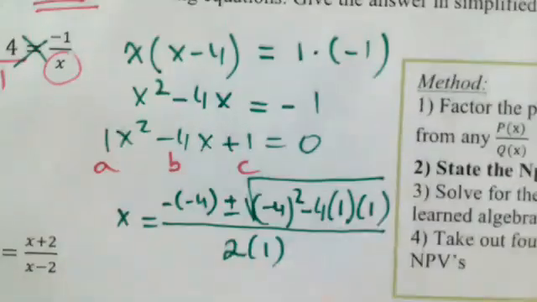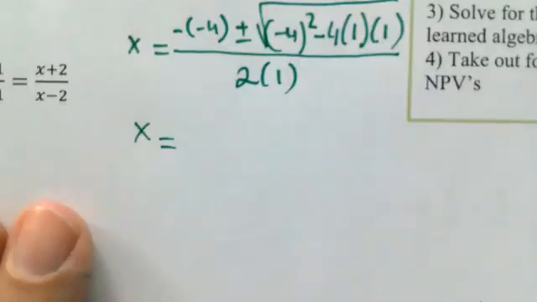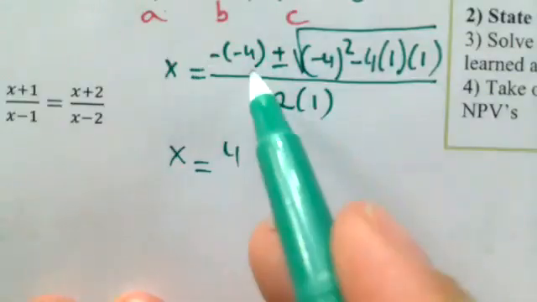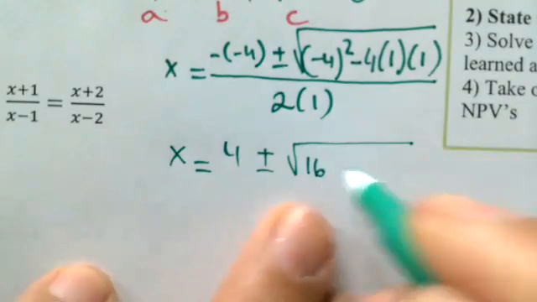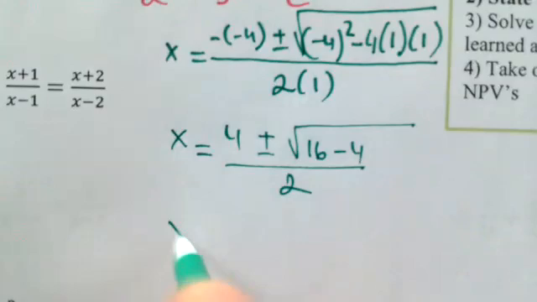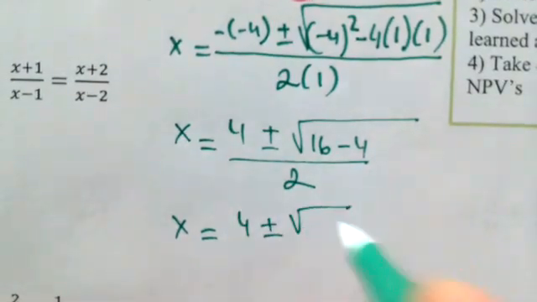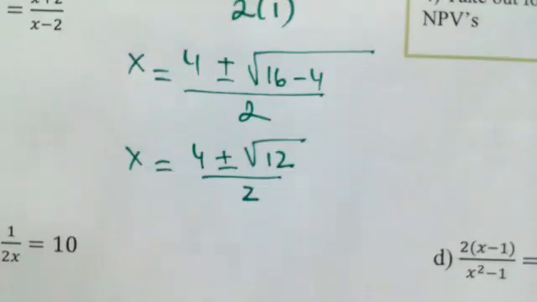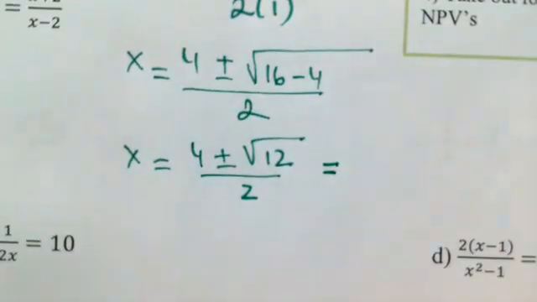So let's simplify. I'm running out of space, so I'm going to write one of these solutions a little bit below. So I would have a 4 there from negative and a negative, plus minus square root of 16 minus 4 over 2. X equals 4 plus minus square root of 12 over 2. This one can be simplified further.